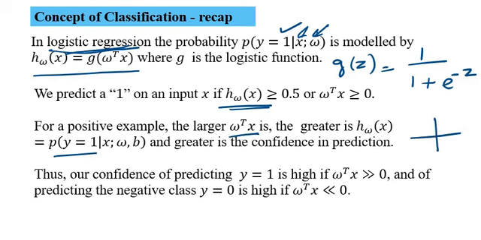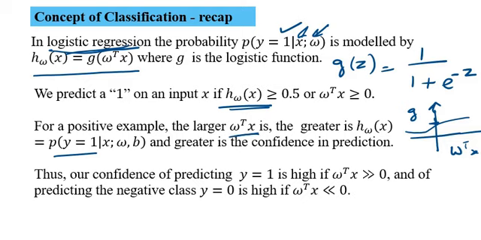See, our logistic function is like this, and this is the 0.5 mark. And this is our w^T x on the x-axis and our g(w^T x) on this side.